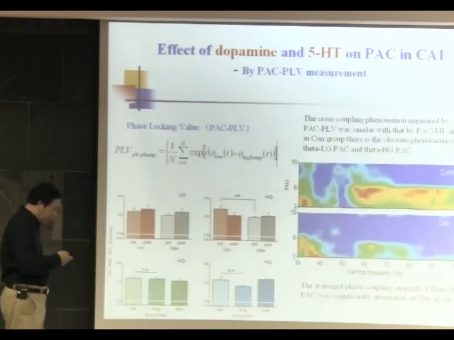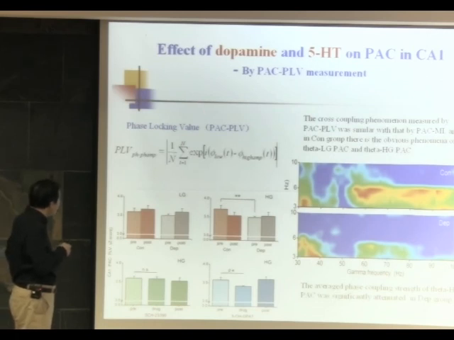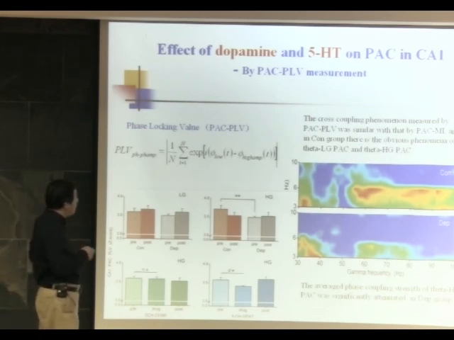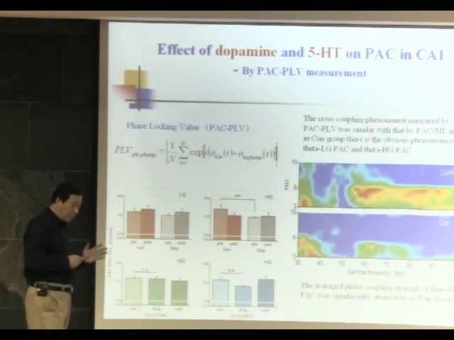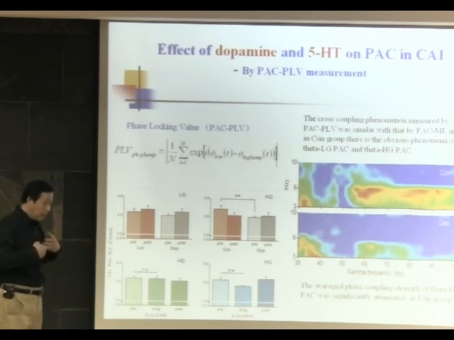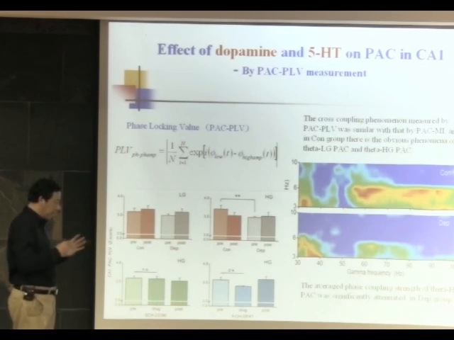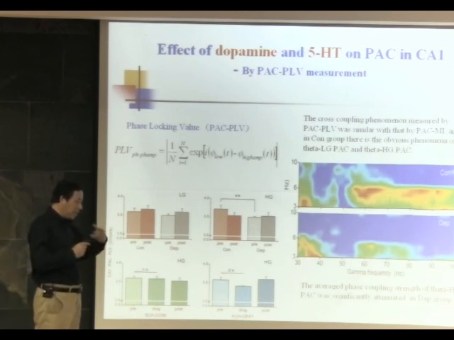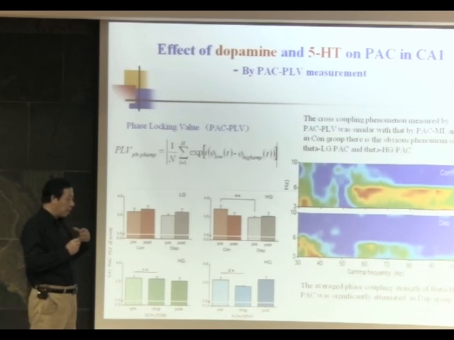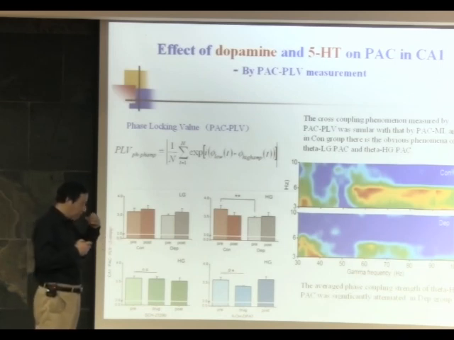And in this slide, we also measure the effect of dopamine and 5-HT, but we used a different algorithm which we developed, because with the PAC modulation index we found there are limitations.